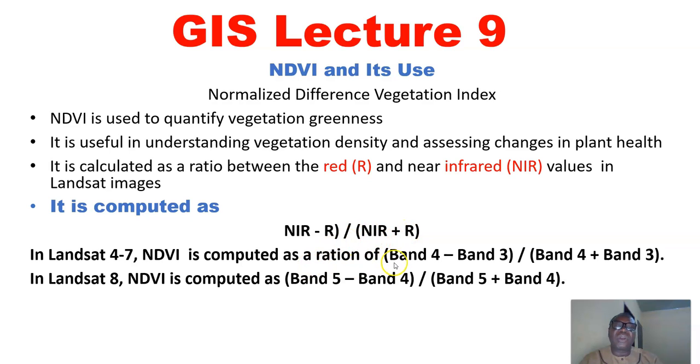It is an equation in which we subtract band 3 from band 4, because band 4 of Landsat 4 to 7 is near infrared and band 3 is the red band. So we subtract band 3 from band 4, and we also add band 4 plus band 3, and we divide. That will give us the NDVI. In Landsat 8, it is band 5 minus band 4 divided by band 5 plus band 4.